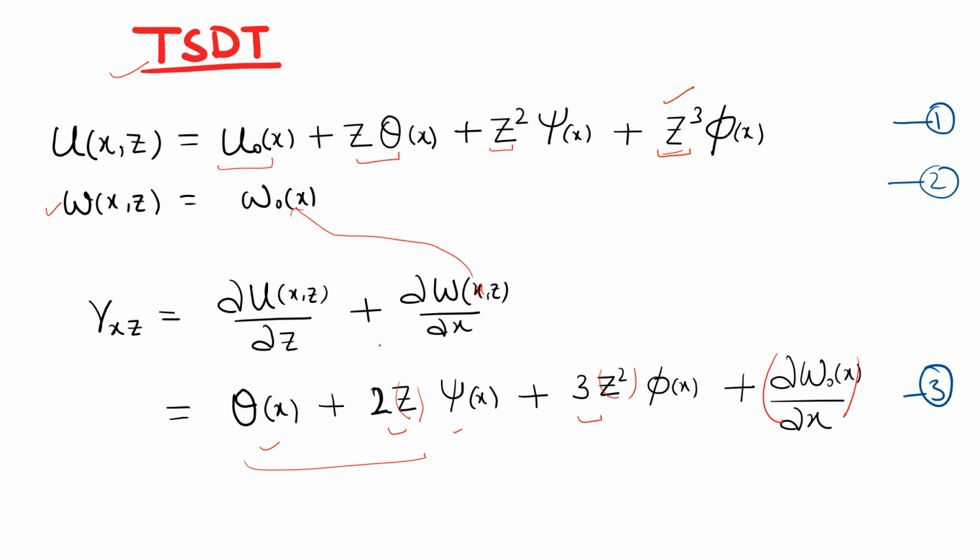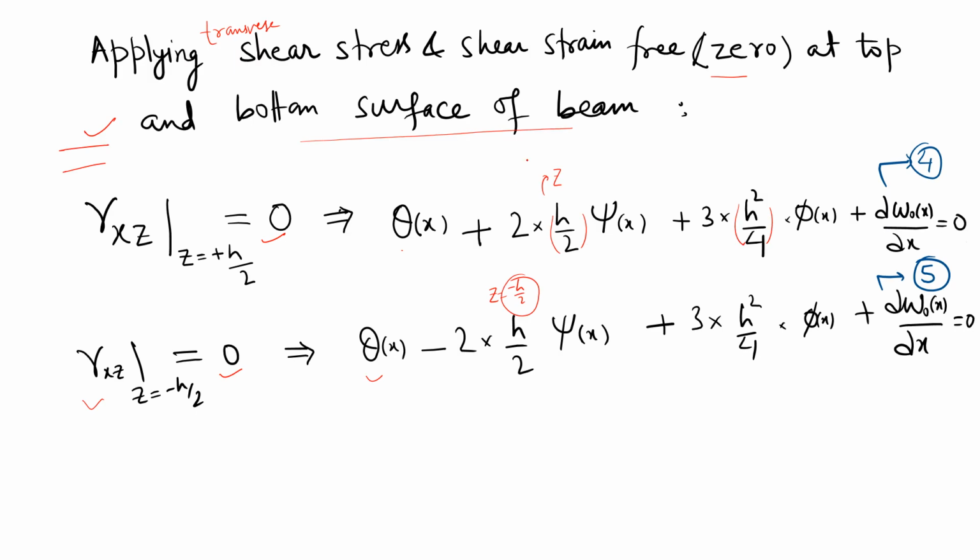So we replace z with plus h by 2 and plus h by 2 whole square, and at the bottom interface minus h by 2 and minus h by 2 whole square, which again gives plus h square by 4. We have just placed these things.